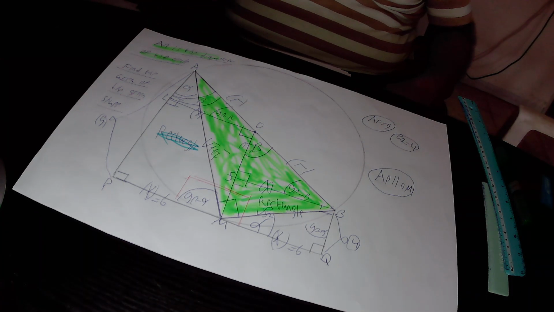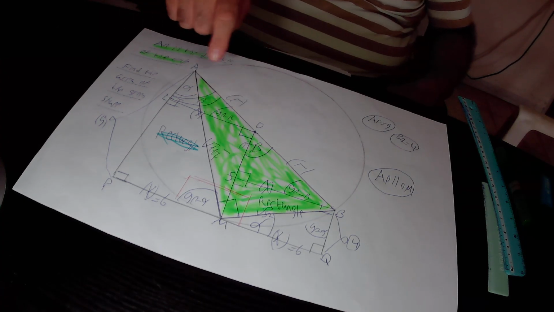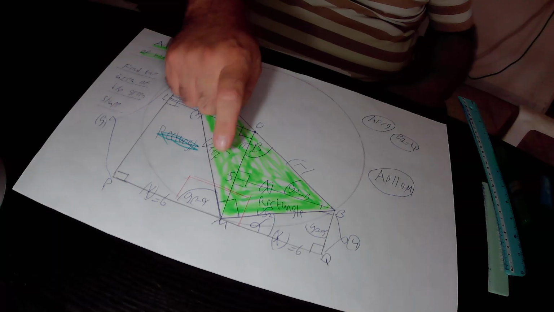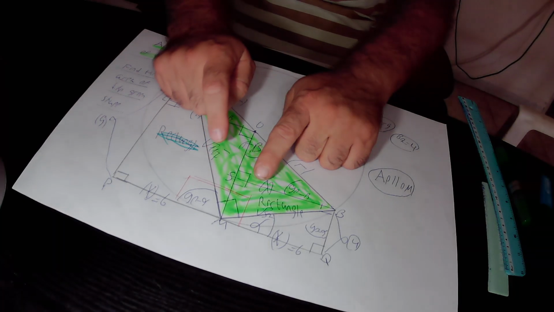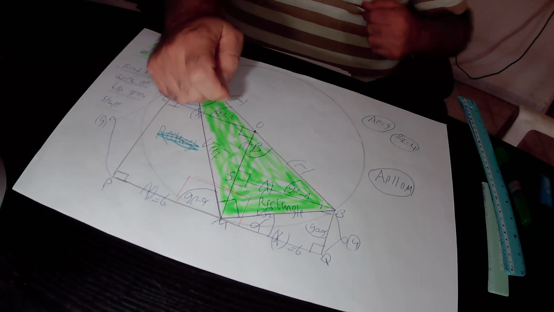Whenever a radius goes to the point of tangency, the tangent PQ is perpendicular to the radius MO. If PQ is perpendicular to MO, this angle equals 90 degrees, and this angle equals 90 degrees, according to the rule.